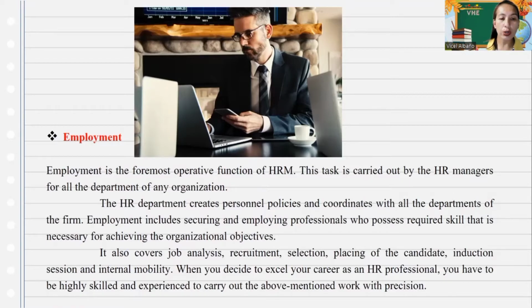It also covers job analysis, recruitment, selection, placing of the candidate, induction sessions, and internal mobility. When you decide to excel in your career as an HR professional, you have to be highly skilled and experienced to carry out the above-mentioned work with precision.